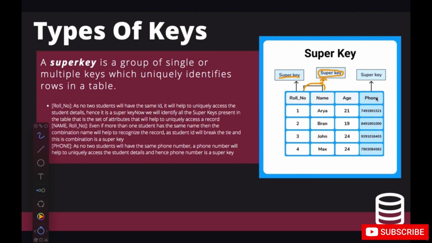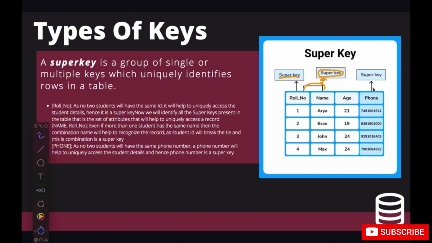For instance, the phone number: if two people are not using the same phone number, then that column can become a primary key, or you can refer to it as a super key. In some cases, you might use the phone number as a primary key, and then you realize that we have two sisters in the class who are using the same phone number. If you ask them for their phone number, maybe they give their mother's phone number, and the mother's phone number is one number.